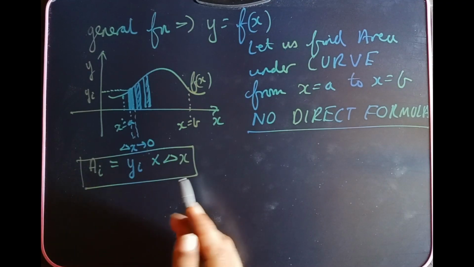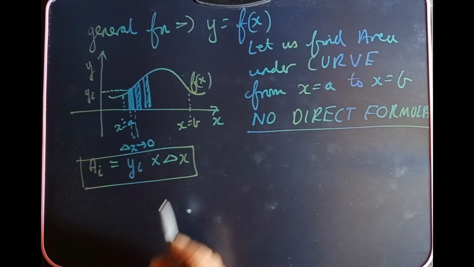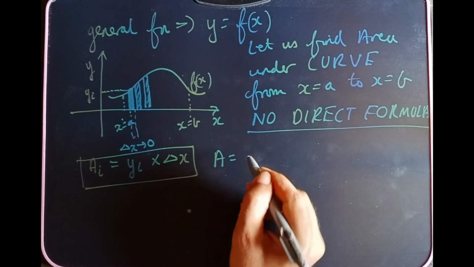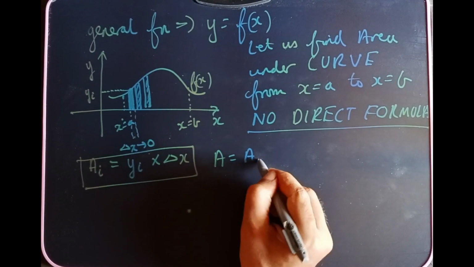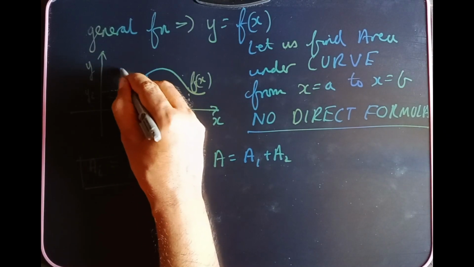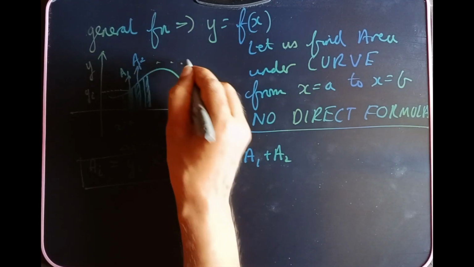Now if you have many such small strips where delta x is tending to 0, then you can write the total area as a1 plus a2, and so on. This is a1, this is a2, and so on.